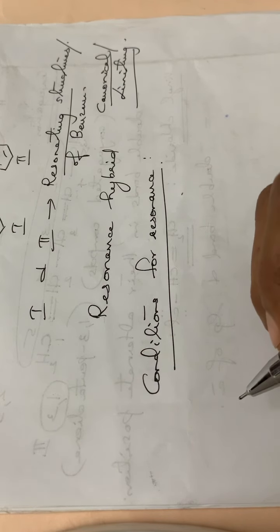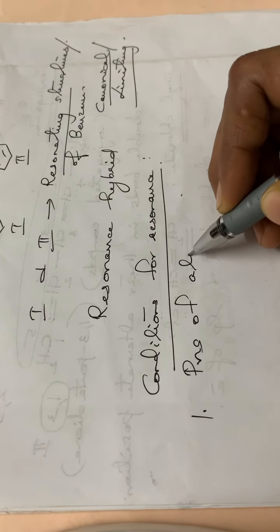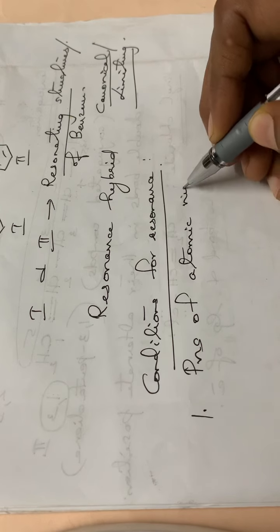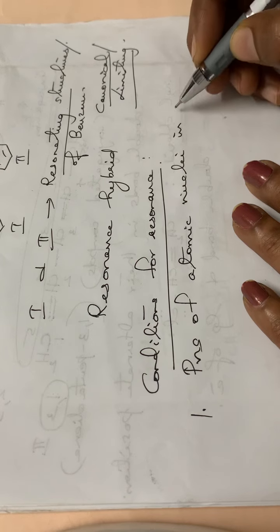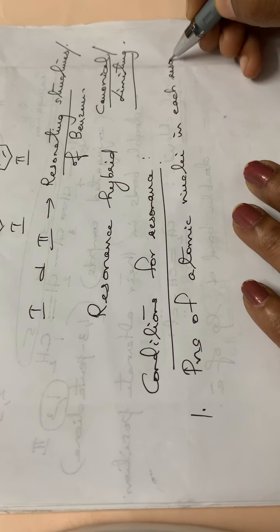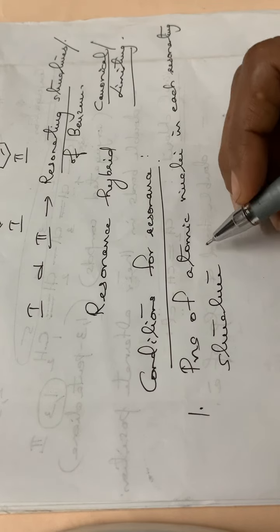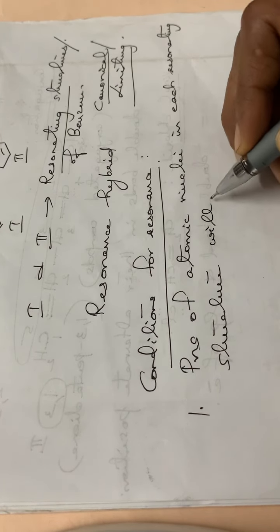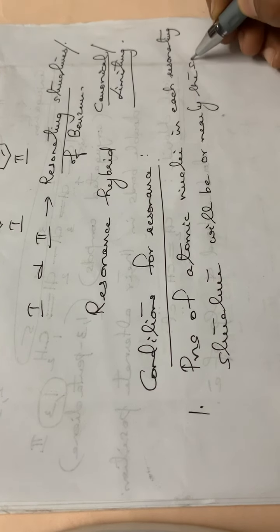So the first condition is that the positions of the atomic nuclei in each resonating structure will be the same, or nearly the same.